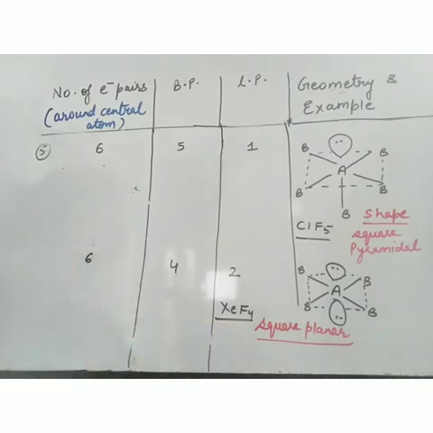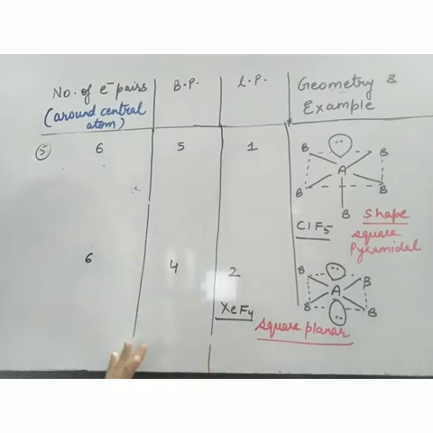So this is all about your valence shell electron pair repulsion theory. So we have seen that the shape of a molecule depends upon the number of bond pairs and the number of lone pairs. If only bond pairs are there, the geometry is regular or symmetrical. But if lone pairs are also there, then the geometry is distorted and we have to look at the shape of the molecules.